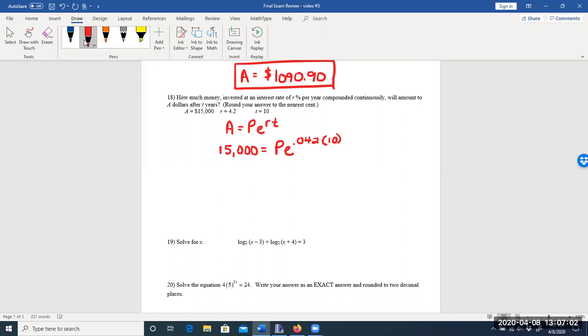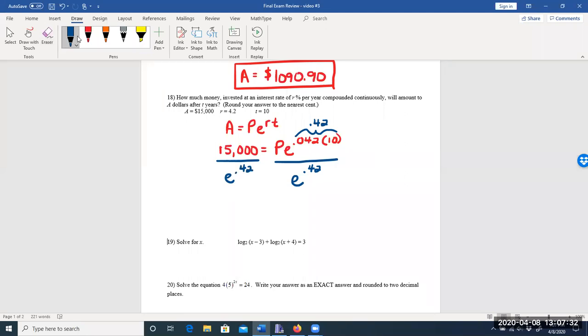To solve this, we're going to need to divide to isolate the P. If you take 10 times this, we're just going to get 0.42. So it's E to the 0.42. So I'm going to divide both sides by E to the 0.42.